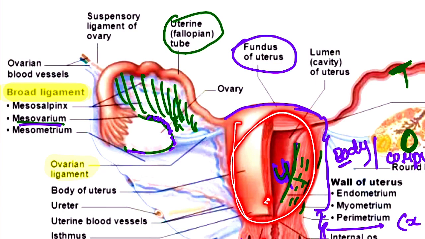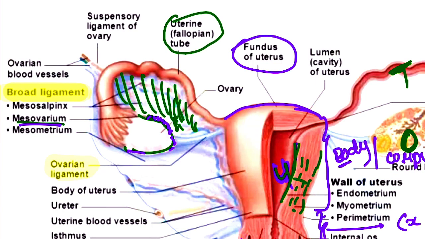Because of this ligament, it holds the uterus above this region. The cardinal ligament is also called the lateral cervical ligament, and its special name is the Mackenrodt ligament.